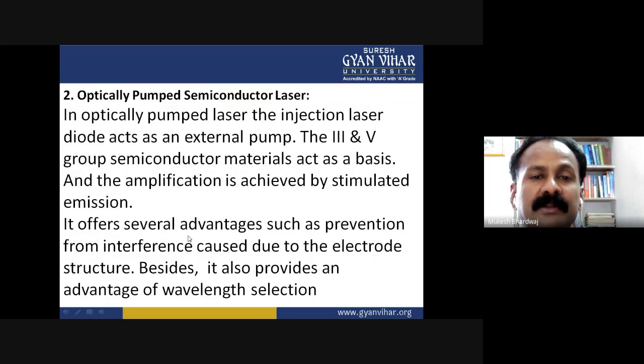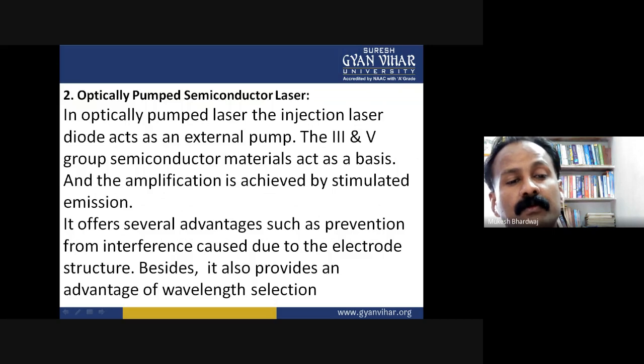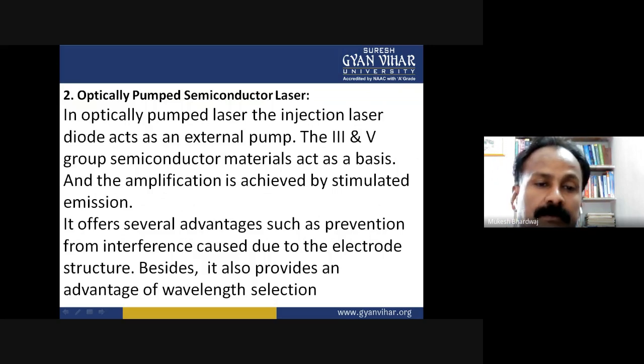Second is optically pumped semiconductor laser. In optically pumped laser, the injection laser diode acts as an external pump.